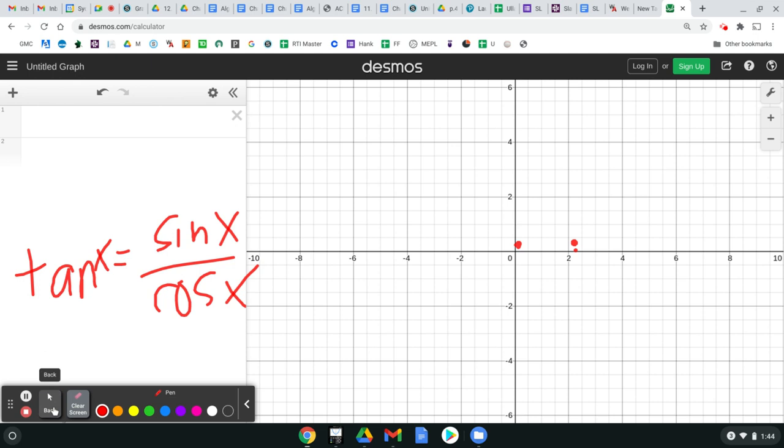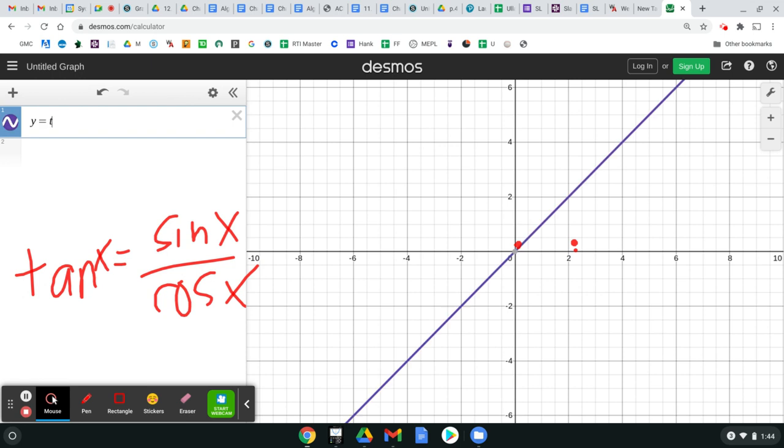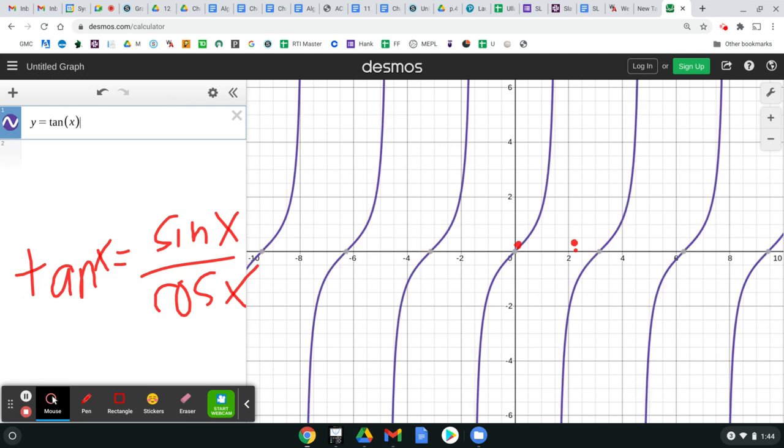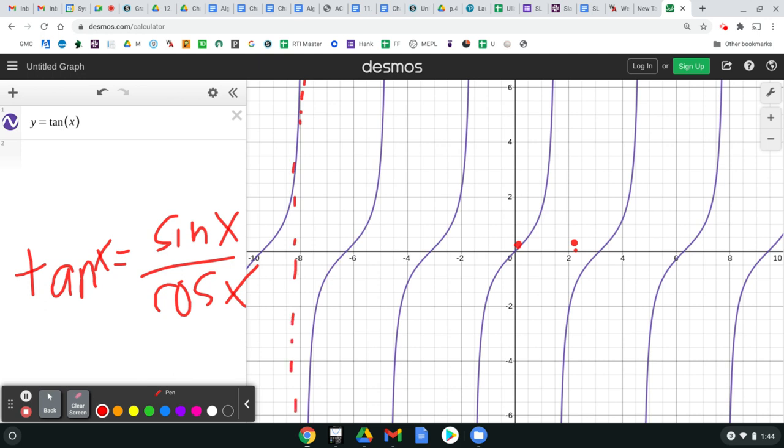Correct. And so we're going to have breaks in this graph. You can see that they're not labeled here, but there are vertical asymptotes everywhere that cosine equals 0. Because whenever we have cosine equal to 0, we're going to approach infinity.